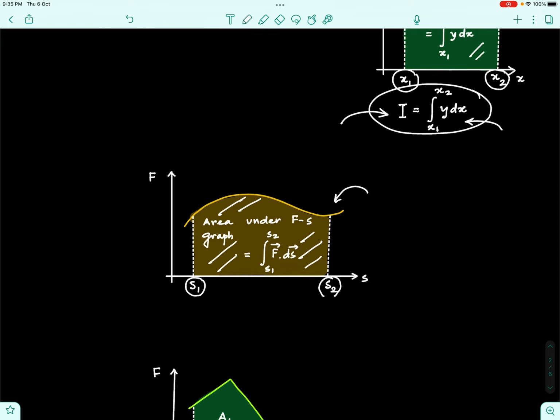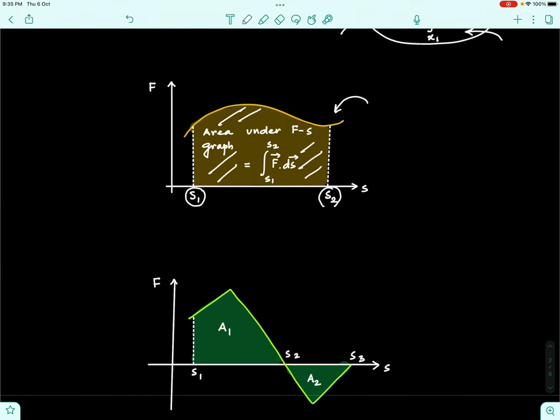In fact, if we have a force which varies like this, such that it goes below the displacement line also, so that you have negative F values also, somewhere here you will have some negative F values. In this case, you see that the area which is above the displacement line will be considered positive, whereas the area computed below the displacement line will be considered negative.